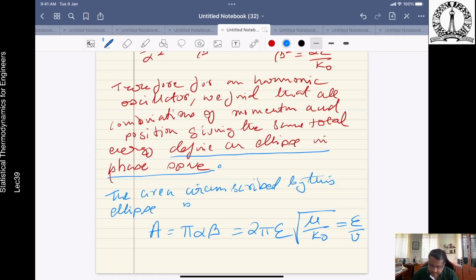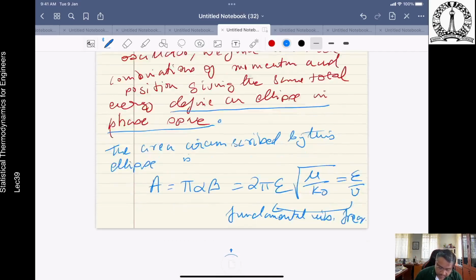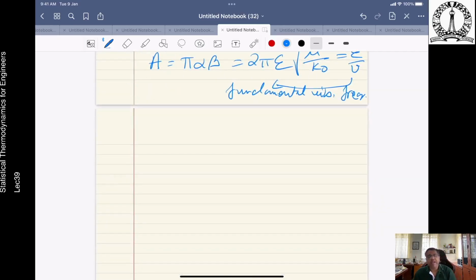This is expressed in terms of the fundamental vibrational frequency.